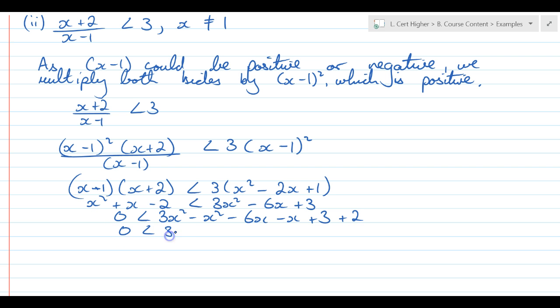So 0 less than 2x squared, it's not 3x squared, it's 2x squared, minus 6x minus x is minus 7x, plus 5. I'm going to change that around: 2x squared minus 7x plus 5 greater than 0.